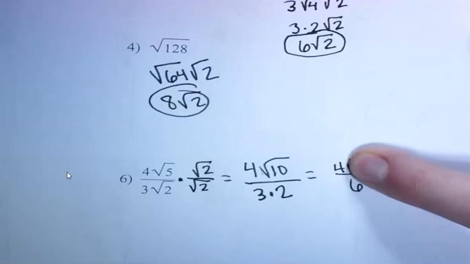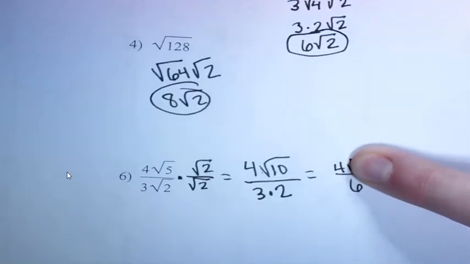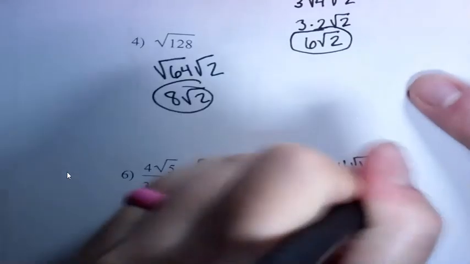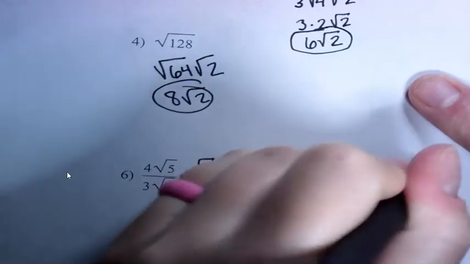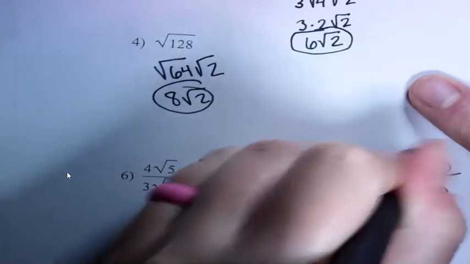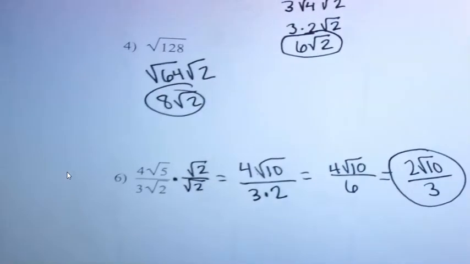Act like this isn't here and this is just a fraction, and you would just simplify that. So instead of 4 over 6, it would be 2 over 3. What's your question? I was going to ask if it would be the 2 and the 10. Oh, yeah, you answered. Yes, so the 2 and the 10 can't be combined at all, but they would just be sitting next to each other because it's 2 times square root of 10. Yes.